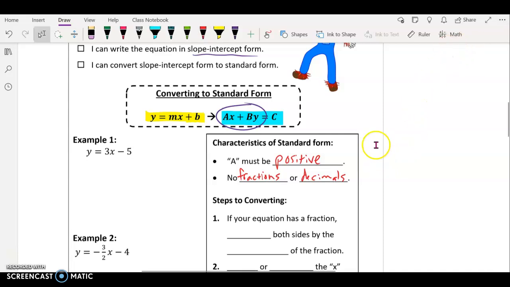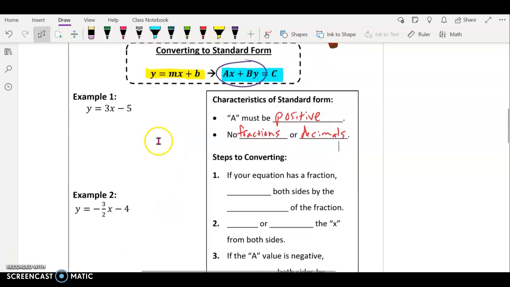So now let's look at two examples where we are converting to standard form. They're already in y equals mx plus b. So our first step is if your equation has a fraction, which ours does not, but let's go ahead and write the step down. Our second equation will.